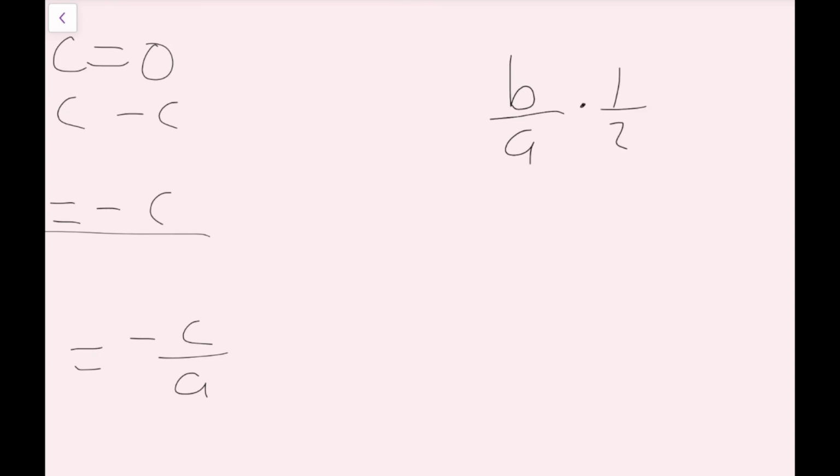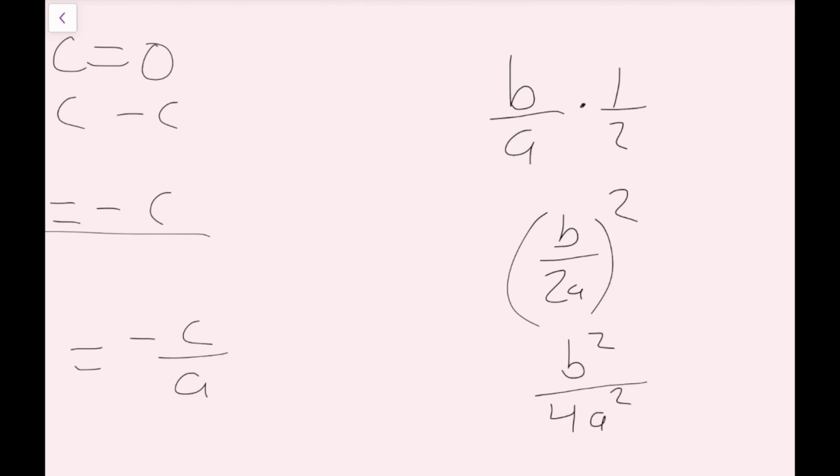So then this becomes b over 2a, and then I need to square this. So the quantity b over 2a all squared is equal to b squared over 4a squared. So this is the value that I need in order to complete the square.